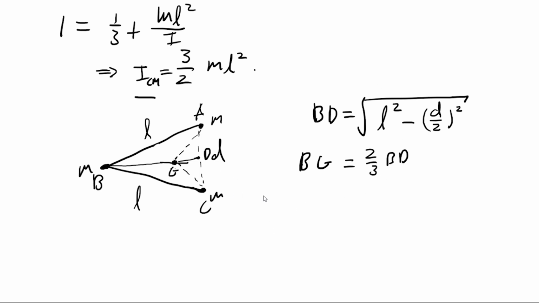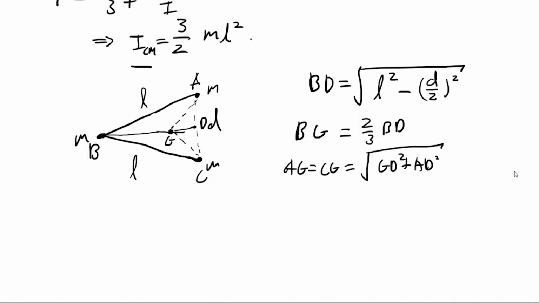And lastly, AG, which is equal to CG by symmetry, is equal to the square root of GD squared plus AD squared, and GD is just equal to 1/3 of BD, and that's squared. For simplicity, so I don't have to write D over 2 over and over again, I'm going to let X equal to D over 2.